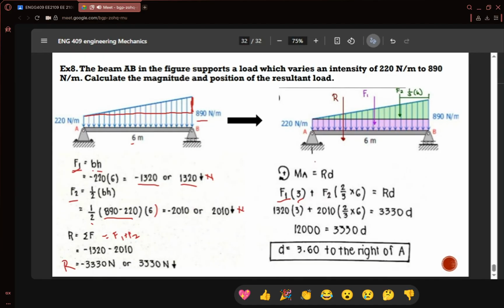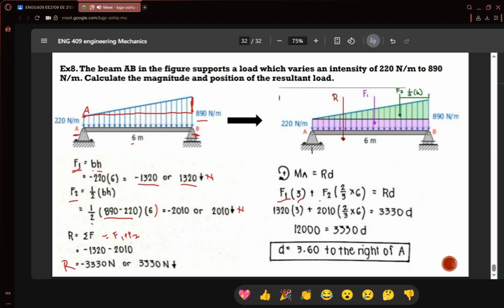And then for F2, take note, this is what I'm talking about for triangles. We are referencing from point A here, not on B. So for the triangle, this is also your point A, which is the lowest point of the height of the triangle.